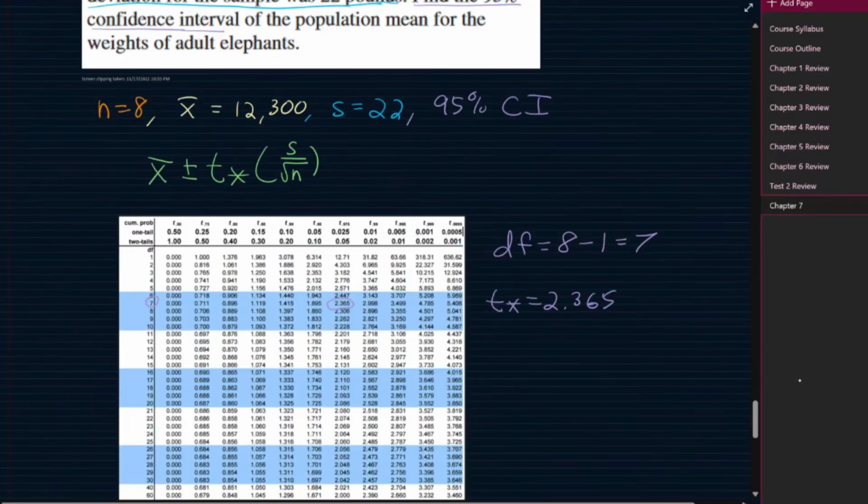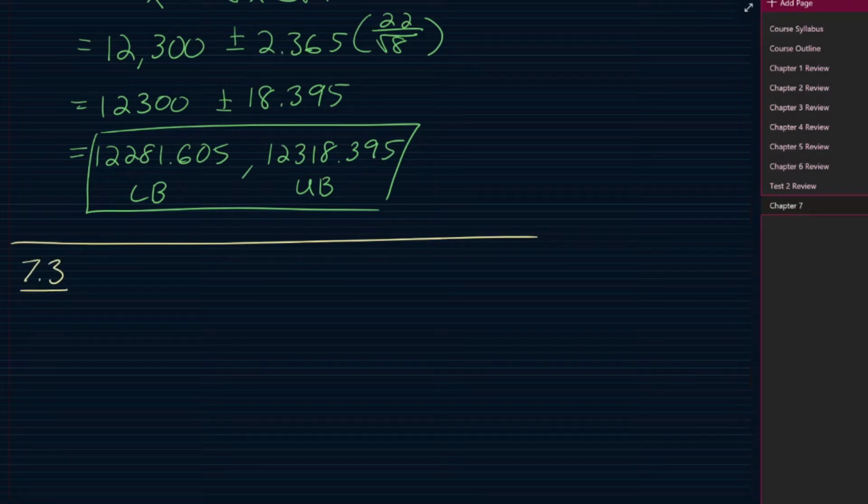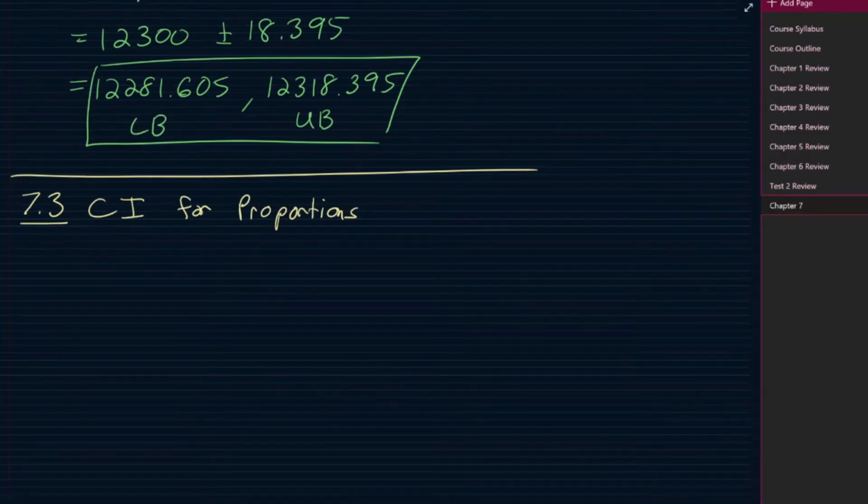So let's go to section 7.3. And this is on confidence intervals for proportions. Okay, so in proportions, it's basically a yes or a no, on or off.